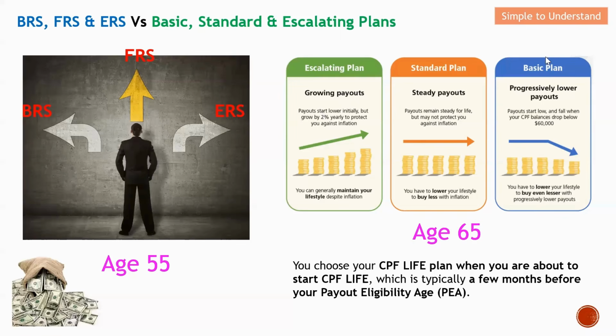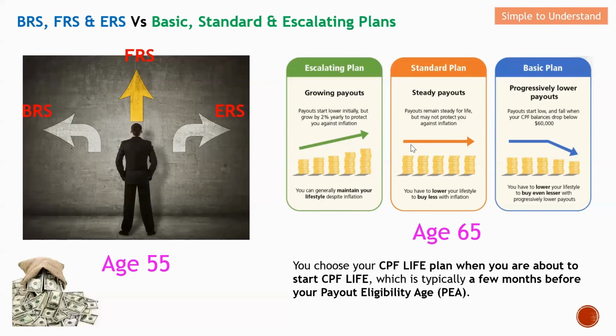For example, under the basic plan, you can see that initially you will be able to receive higher money payout. But once your RA is lower than 60K, you can see that your money payout starts to reduce. As for the standard plan, in fact, this is the default plan. Like the retirement sum, where the full retirement sum will be the default retirement sum, for the plan, the standard plan will be the default plan.